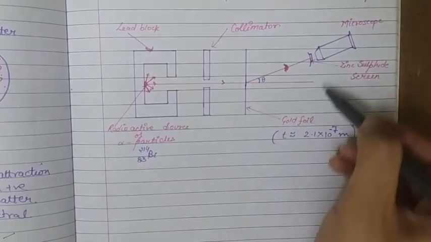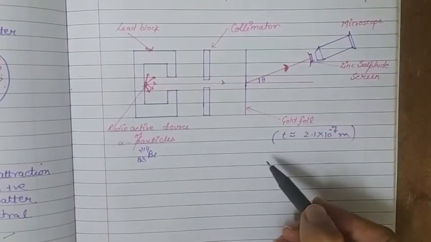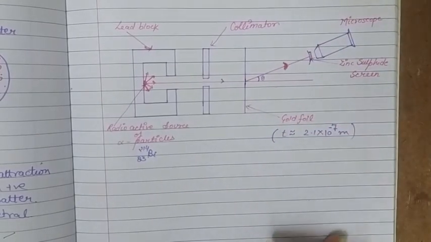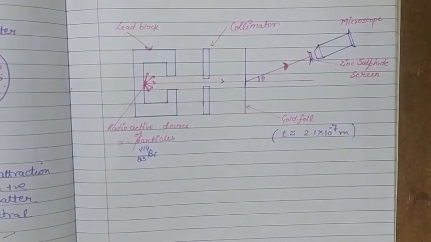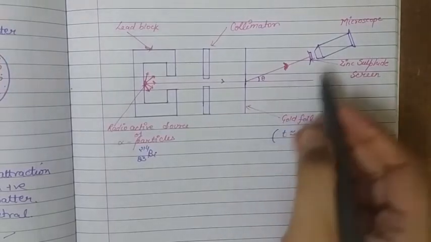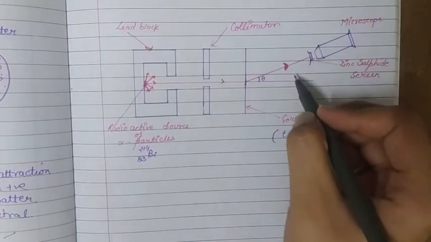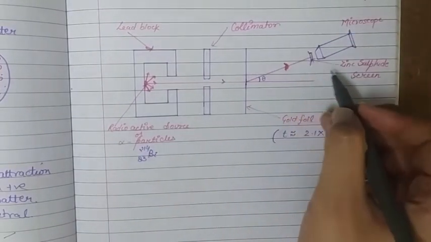Like this, we rotate this microscope or detector and detect all the alpha particles that are coming after scattering. This detector also consists of a zinc sulfide screen along with the microscope. So this is the whole setup of a rotatable detector.